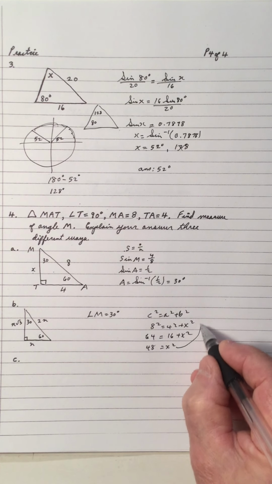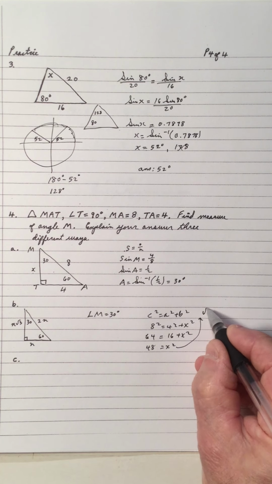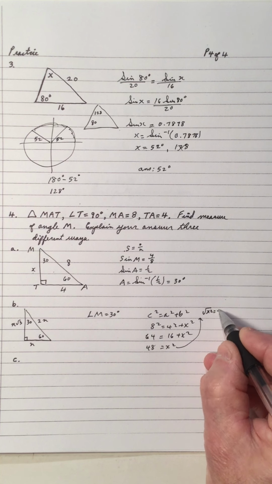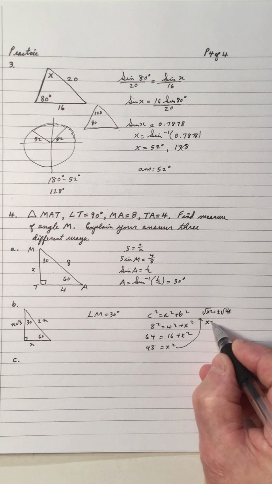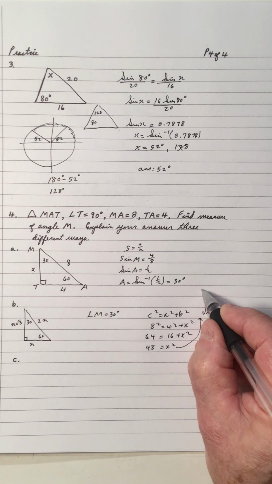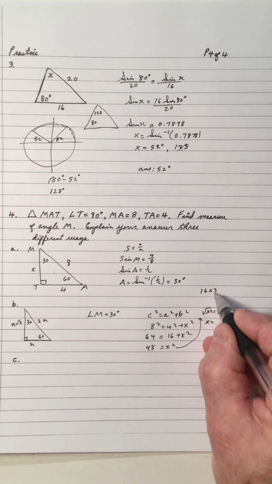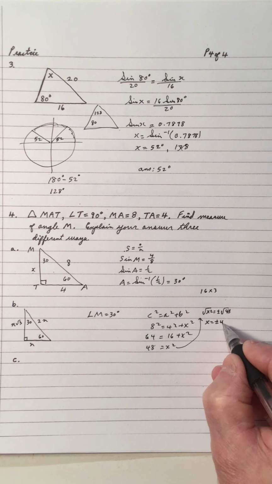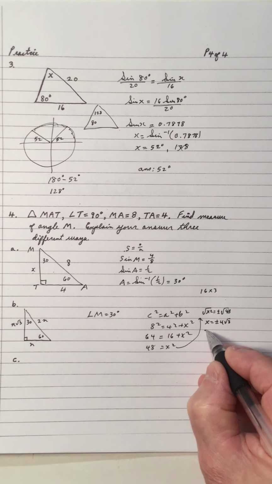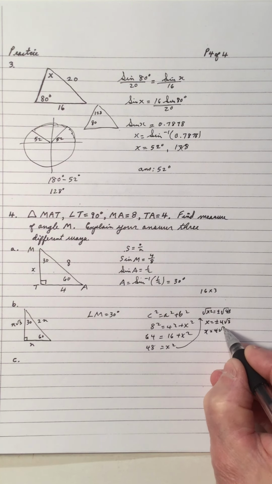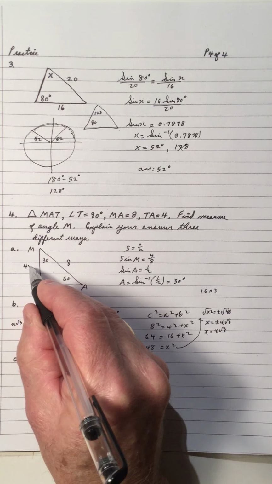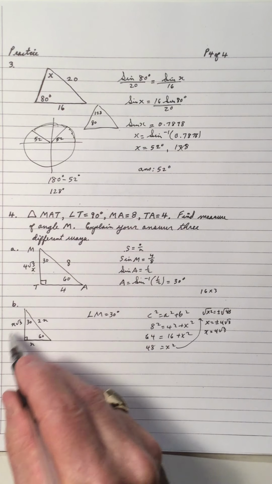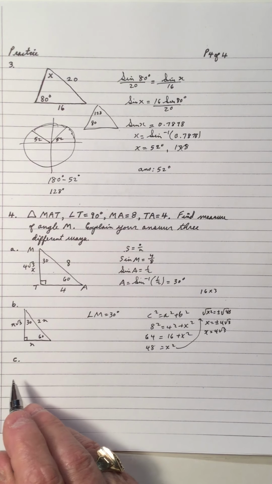That means x is plus or minus the square root of 48. 48 is 16 times 3, so that's plus or minus 4 root 3. And it has to be positive, so it's 4 root 3. So if we write this side down as 4 root 3, which obeys this pattern, that's why it's a 30.